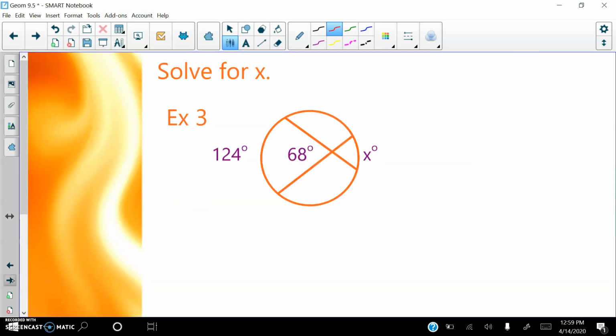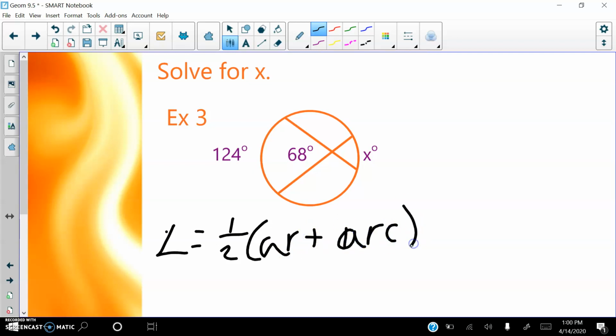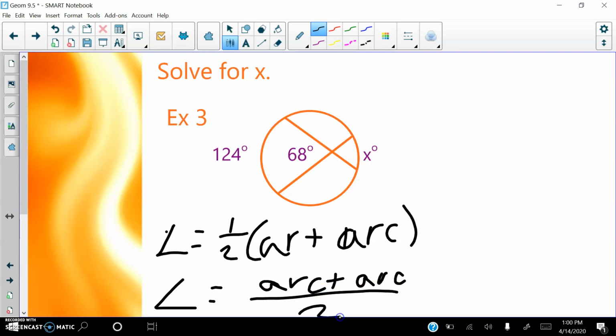All right, so what happens if it gives us the actual angle? Well, we know that the measure of the angle is the average of the two arcs. So let's set this up. Our normal thing is the measure of the angle equals 1/2 times arc plus arc, which is the same thing as saying the arc plus the arc divided by 2.